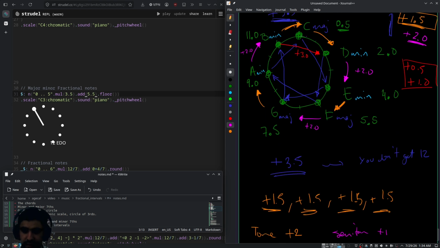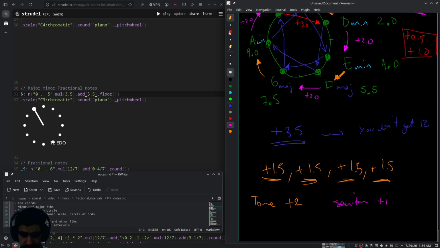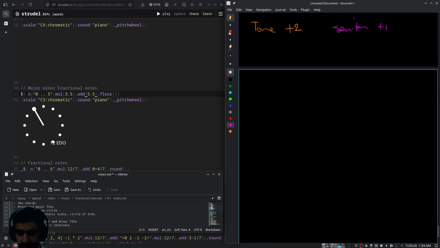And so our scale, if we just look at the tones and semitones, is going to be tone, tone, semitone, tone, tone, tone, semitone, right?